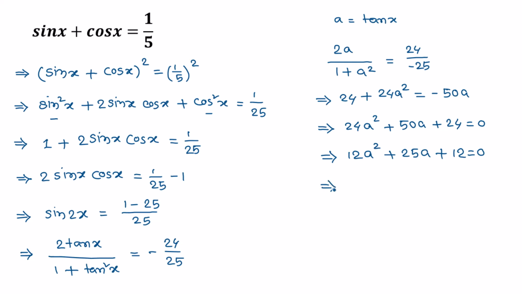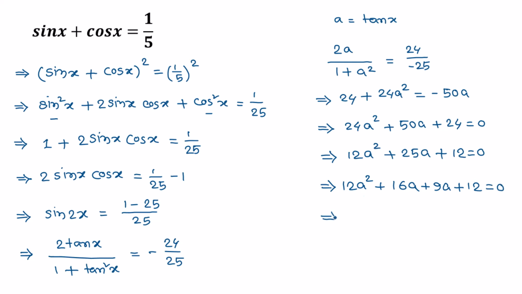Now breaking the middle term, we can write 25a as 16a plus 9a, because 16a plus 9a is 25a, and 16 times 9 is 12 times 12, plus 12 is equal to 0.